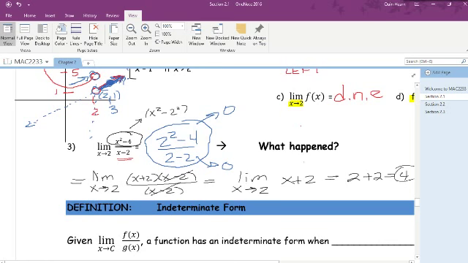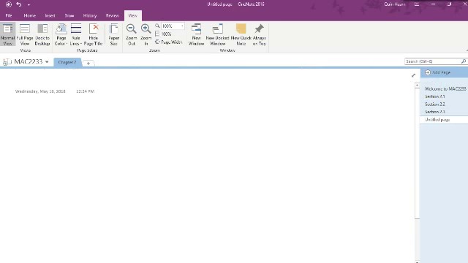Now, why did that happen? Why are we allowed to cancel like that? Well, in fact, this factor of x minus 2 that was causing the 0 in the denominator, the effect it has on the graph is that it just makes a little hole in the graph. So I'm going to open a blank page here and show you the graph of x squared minus 4 over x minus 2.